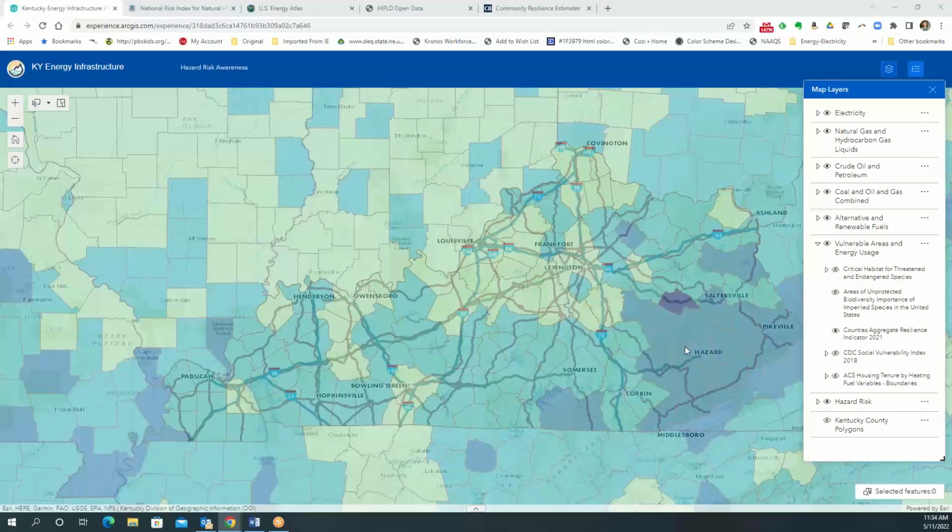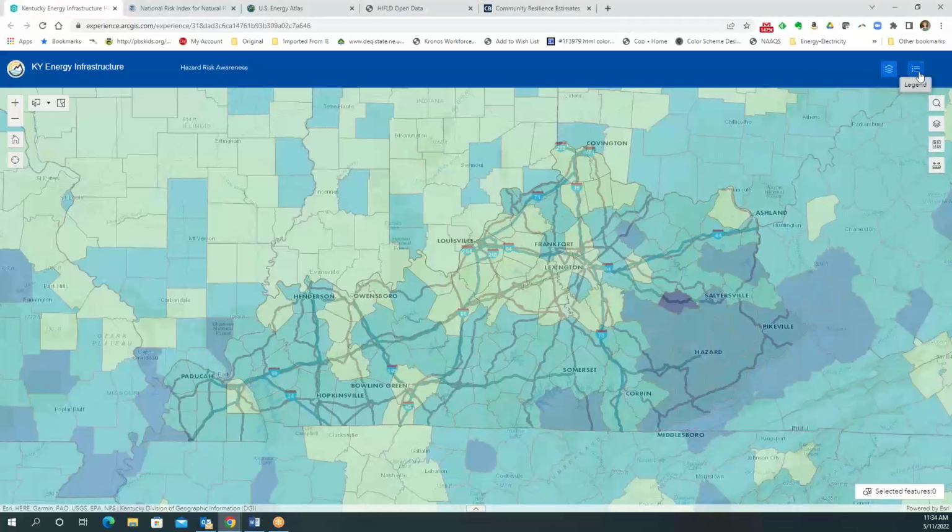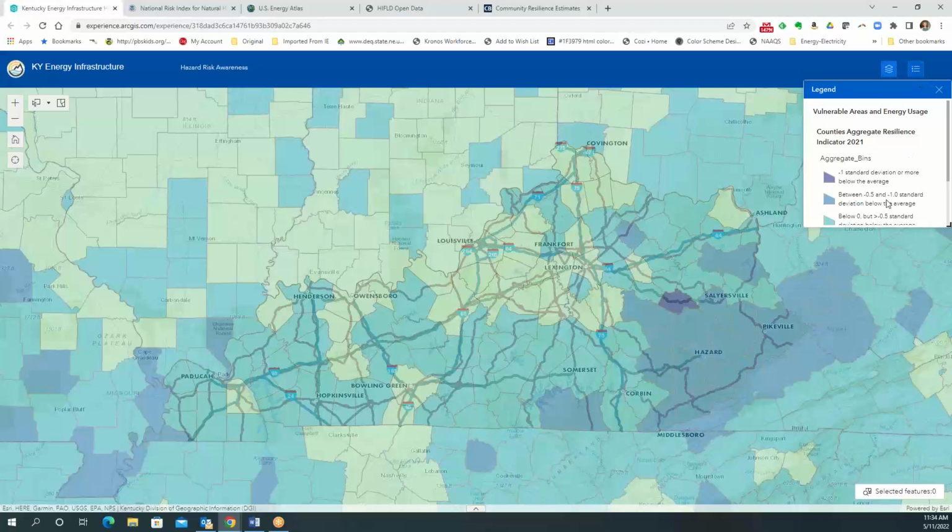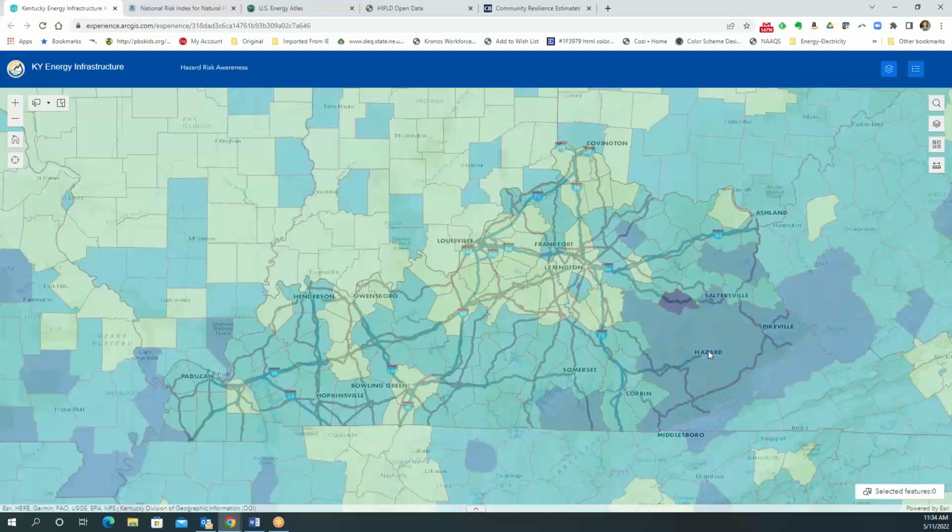So we just saw where there is social vulnerability. The darker areas mean that they actually have low resilience, and those often overlap with the same areas that have high social vulnerability but low community resilience. And low community resilience is indicated by the darker colors here.